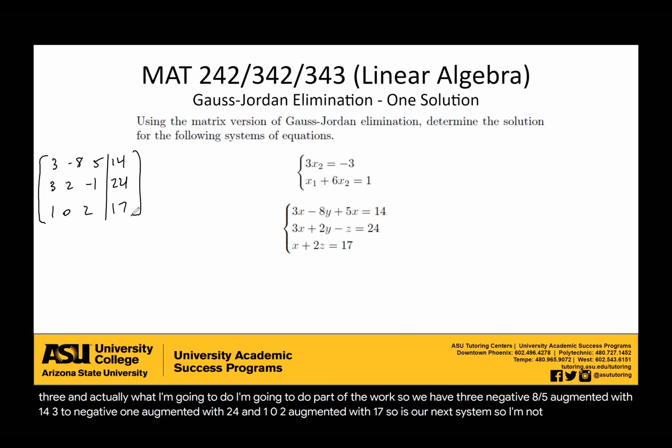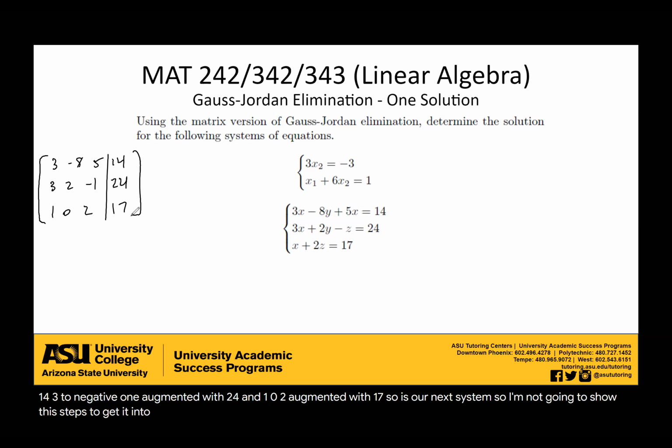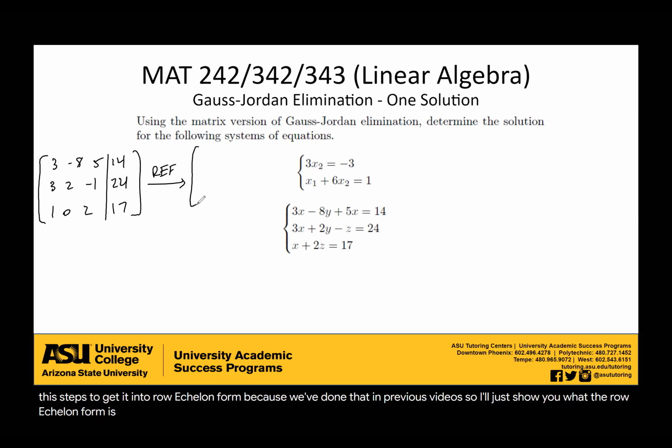So I'm not going to show the steps to get it into row echelon form because we've done that in previous videos. So I'll just show you what the row echelon form is. If we did all the row operations, got it in row echelon form, it looks like this. It looks like 1, 0, 2 augmented with 17.